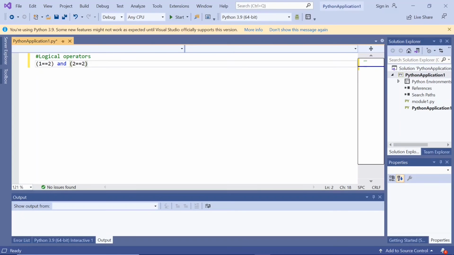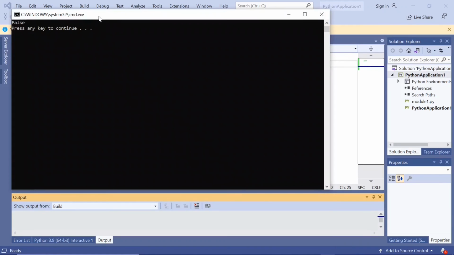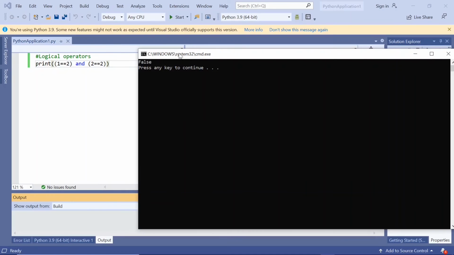If it is the AND logical operator, then both the conditions should be true, otherwise it will be false, because 1 is not equal to 2. So let us print this. It is false because 1 is not equal to 2. So with the AND operator, both the conditions should be true.